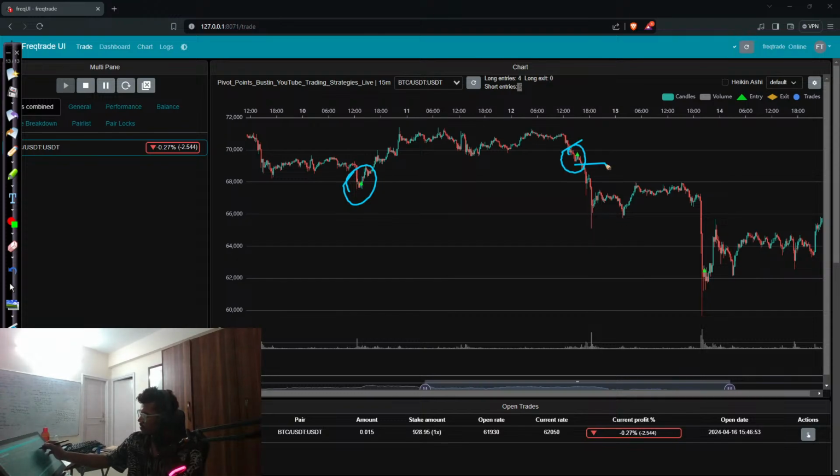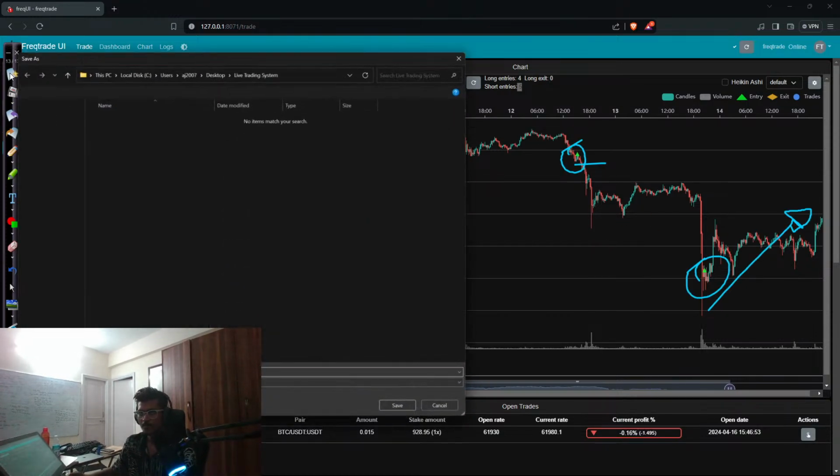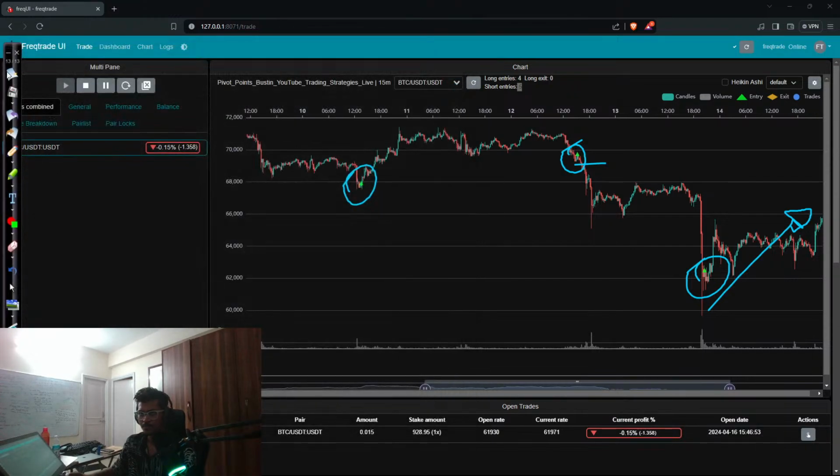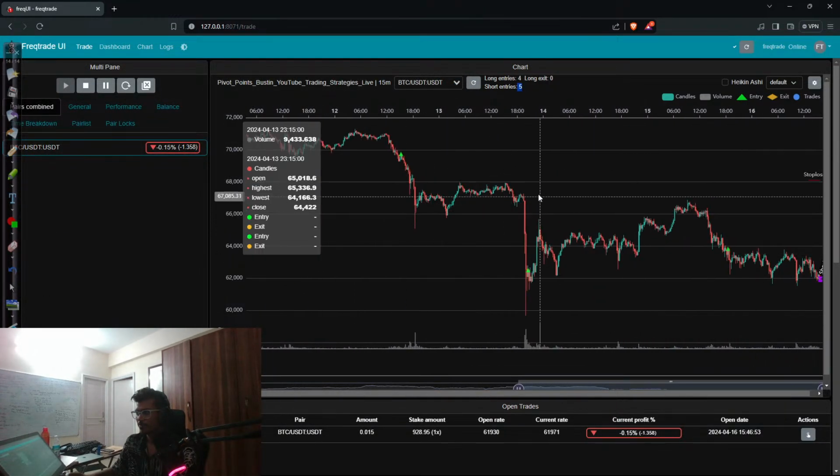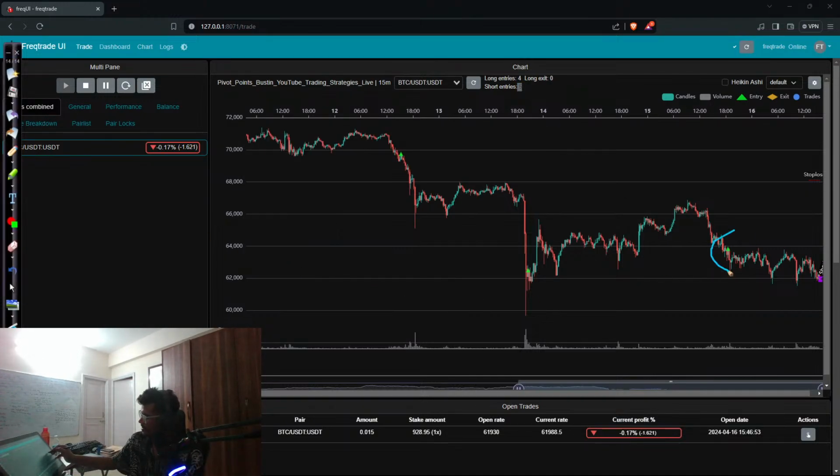This losing trade, long trade, good trade. So I think this pivot point strategy does work, but you have to keep your losses short and keep your profits running. So let's test it and see.